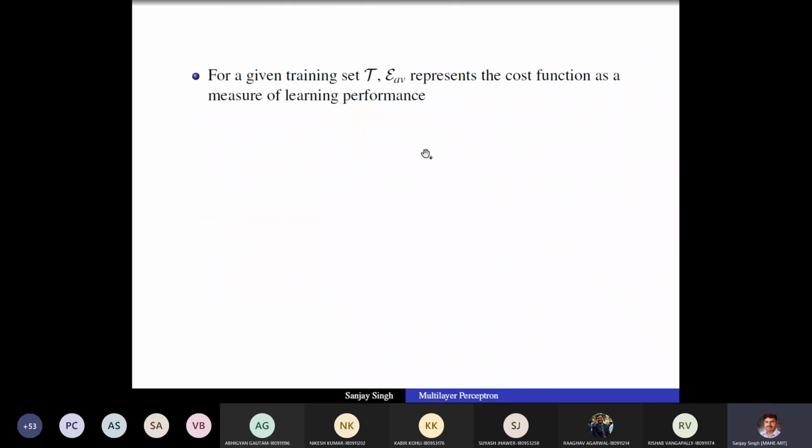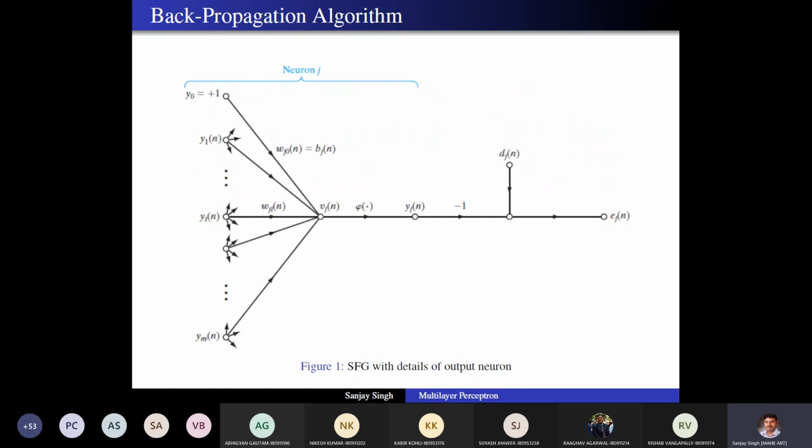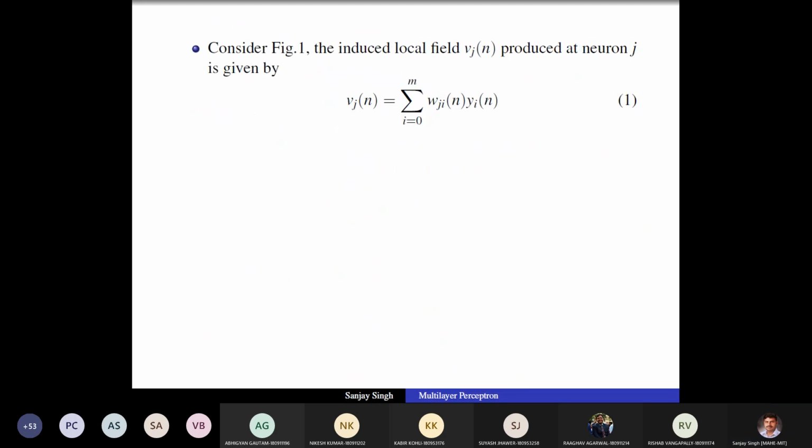What I mean to say here is that the input is m dimensional, and because the bias is incorporated, y0 is also indexed over there. So we multiply Wji and yi and sum all those things. This is my local induced field.